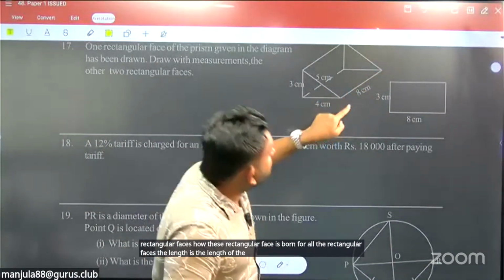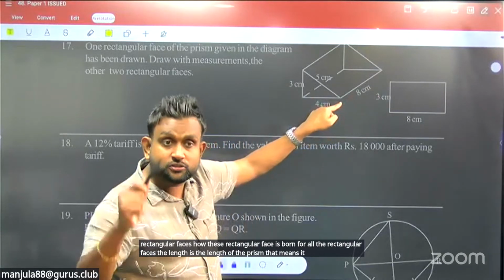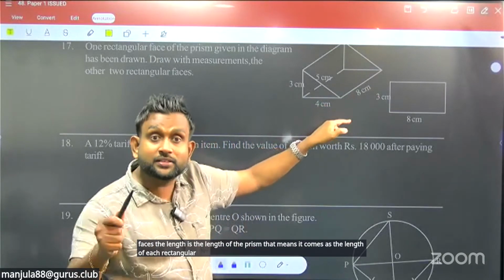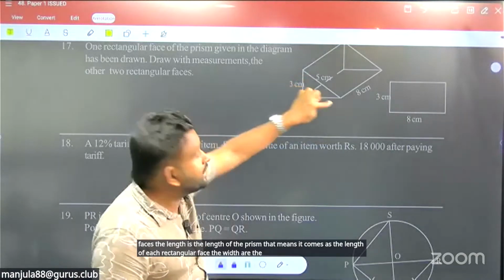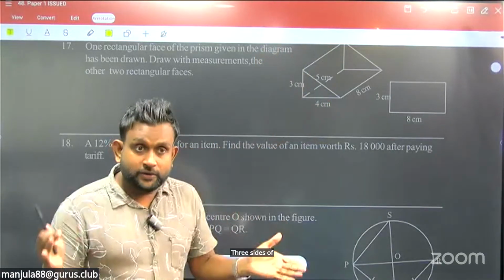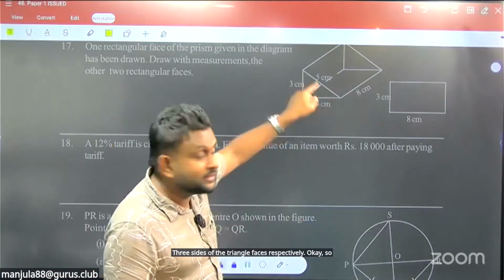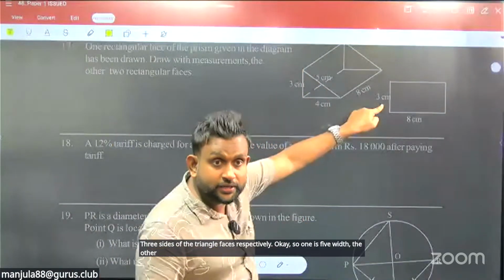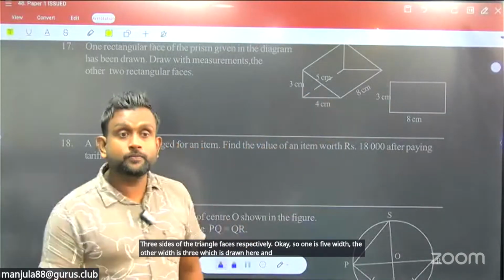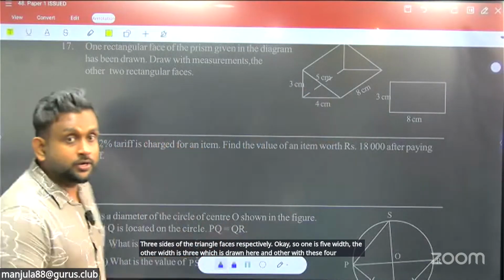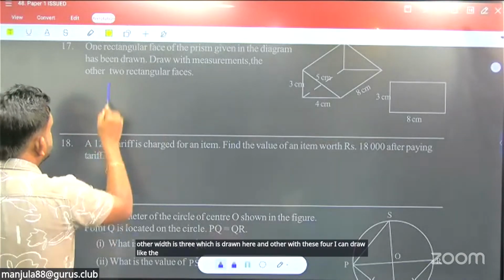That means 8 comes as the length of each rectangular face. The widths are the three sides of the triangular faces respectively. So one width is 5, the other width is 3, which is drawn here, and the other width is 4. I can draw them like the triangular faces.